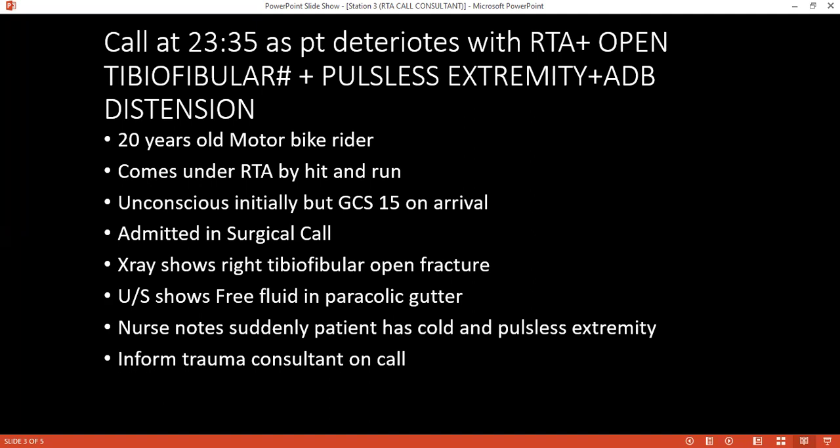He also has an open fracture of the tibia fibula. We did some investigations. Ultrasound of abdomen shows some free fluid in the paracolic gutter. X-ray shows a right tibiofibular open fracture. Blood tests show CRP is high. All other tests are unremarkable.